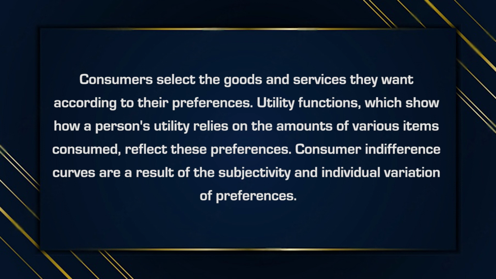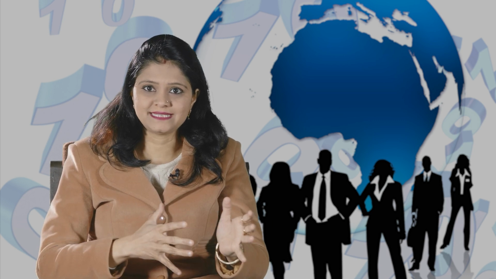Consumer indifference curves are a result of the subjectivity and individual variation of preferences. For instance, a customer would like to eat less salad and more pizza. Higher utility for more pizza eating and lower utility for more salad consumption would be expressed by their utility functions.